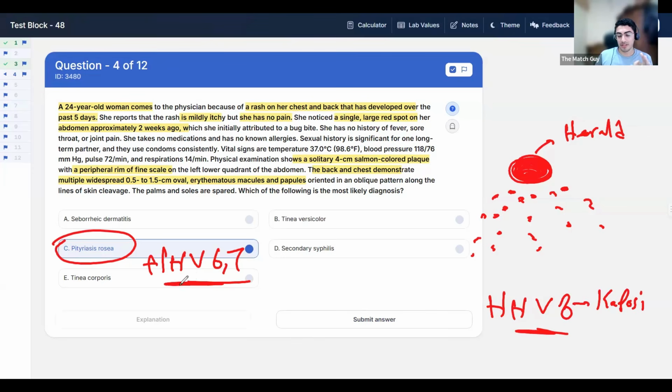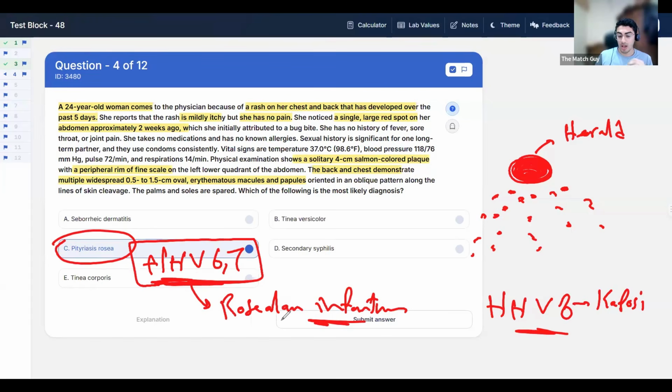All right. Also be familiar with a condition called roseola infantum. Roseola infantum is a condition that can also happen because of HHV 6 or 7. So how would you spot roseola infantum in the question?